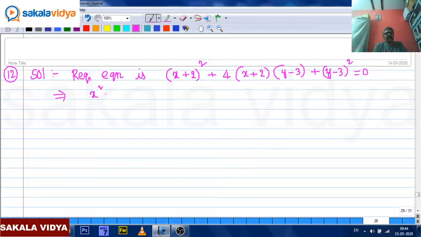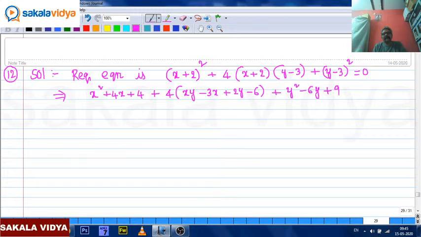This is x square plus 4x plus 4 plus 4 times (xy minus 3x plus 2y minus 6) plus y square minus 6y plus 9 equals 0.